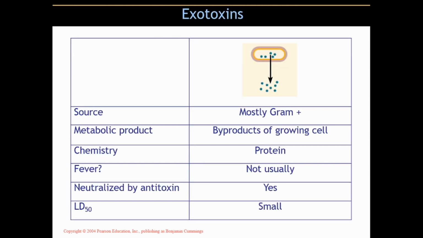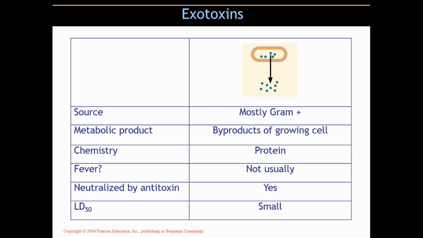So this chart is important because it summarizes some of the salient points about exotoxins, things that if you were a student in my class, I would definitely want you to know. So what is the source of exotoxins? Mostly gram-positive. Are they a metabolic product? Yes, they're byproducts of a growing cell. What are they made of? What's their chemistry?